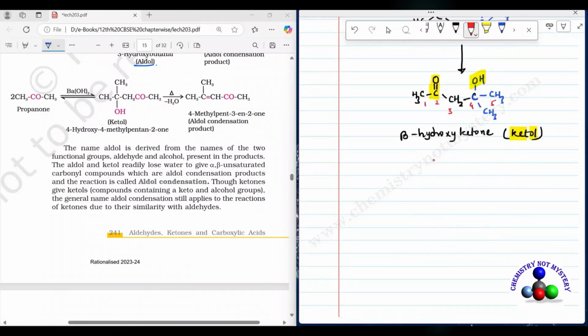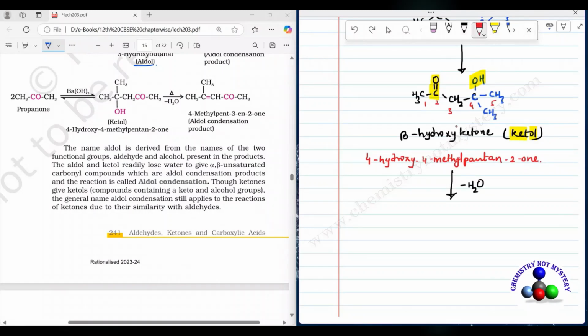So the name of this molecule will be 4-hydroxy-4-methylpentan-2-one.